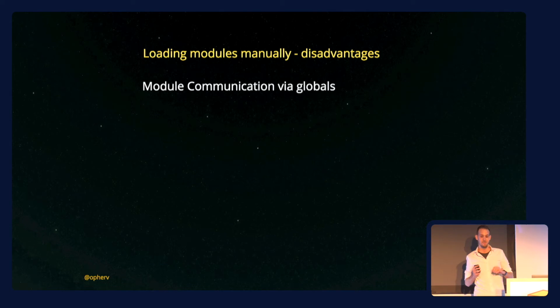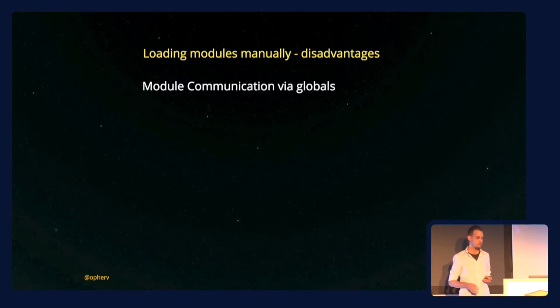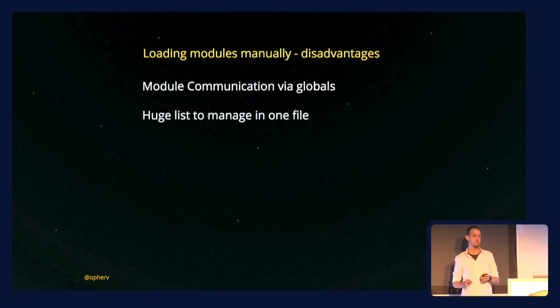Mainly, module communication this way is done via globals. So if one module wants to talk to another, it will have to register a variable or a function on the global scope, pollute the global scope, and generally create a mess. You have a huge list of these dependencies to manage in one HTML file. So this list will surely get unruly.